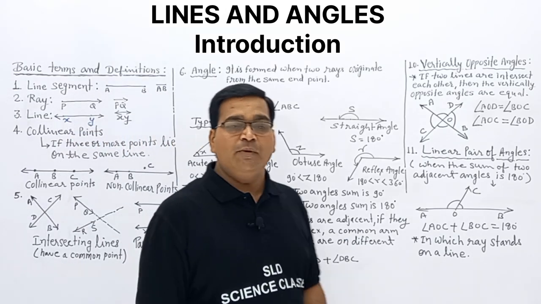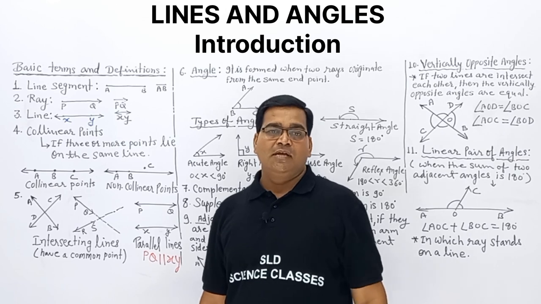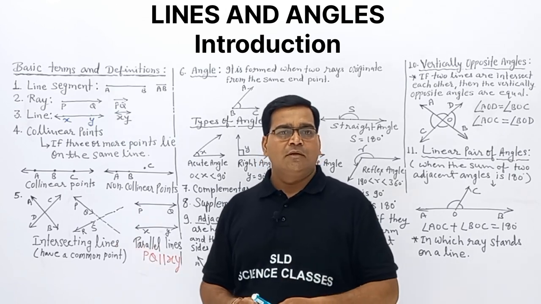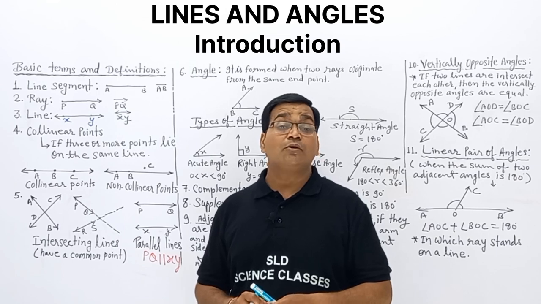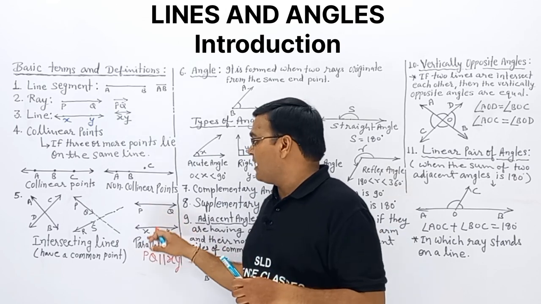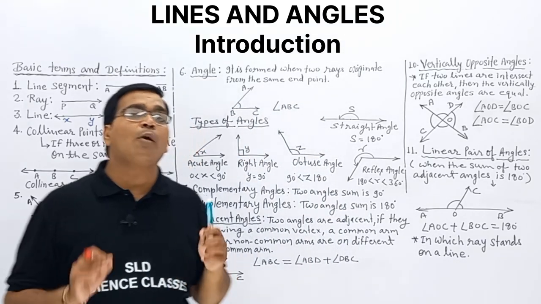Two lines will be parallel if, when we extend them towards the left or towards the right, they do not cut each other. They are not intersecting, so they are called parallel lines. But intersecting lines have a common point.